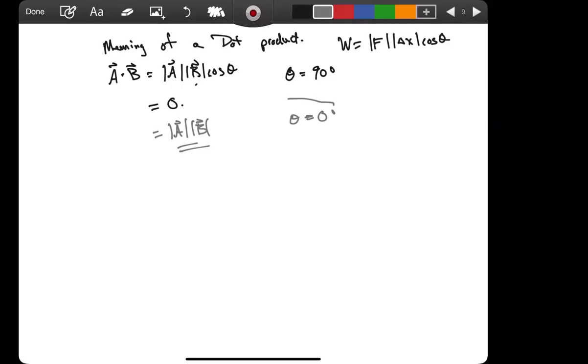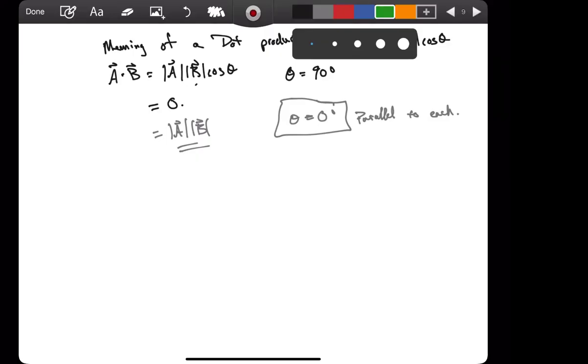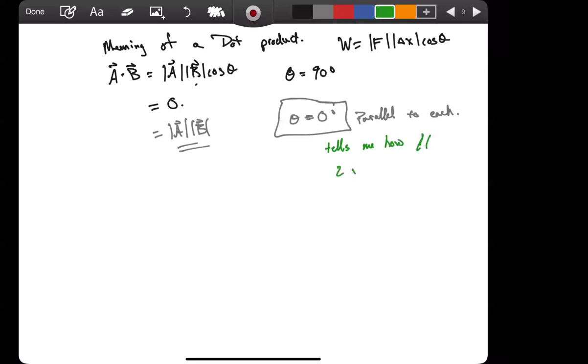So it's maximum when the two are parallel to each other. Basically, the dot product tells me how parallel two vectors are to each other.